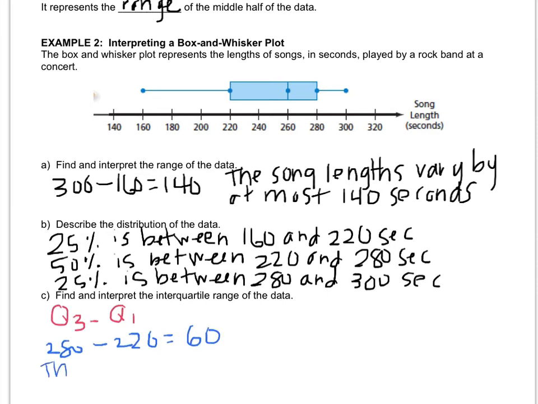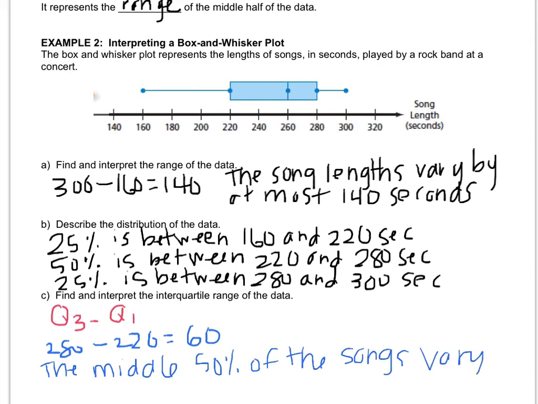So the middle 50% of the songs vary by at most 60 seconds in length.